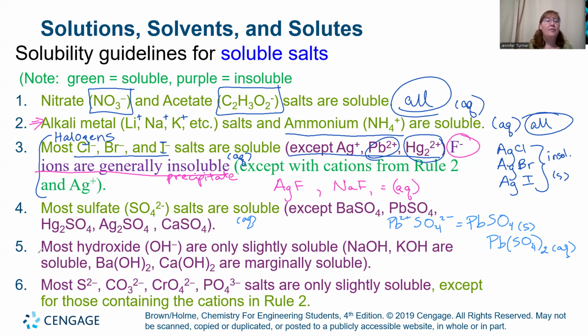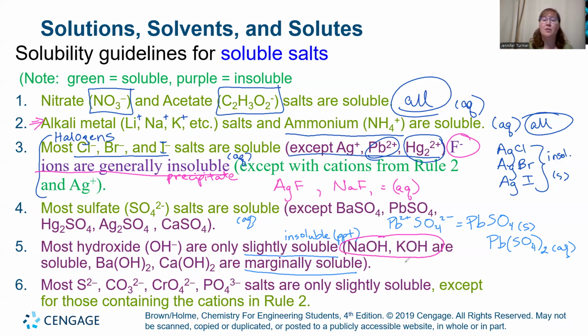All right. Next, we have rule 5, which tells us that most hydroxides are slightly soluble, which means we're going to lump them in with insoluble. And they're going to precipitate out, PPT, precipitate, as well as our marginally soluble ones. The only ones that are fully soluble are sodium hydroxide and potassium hydroxide.